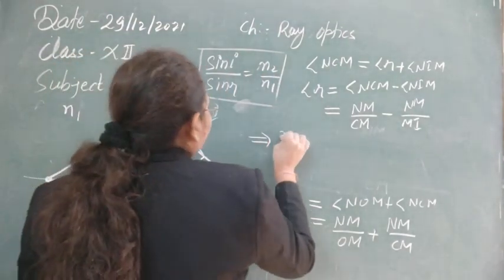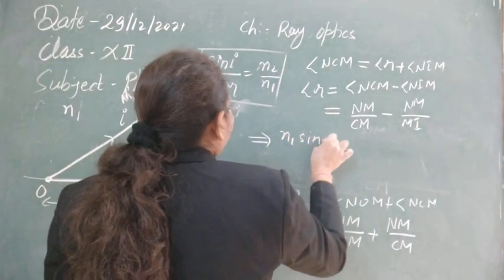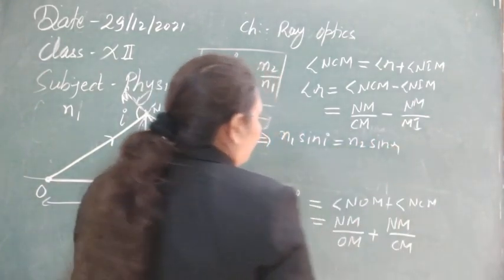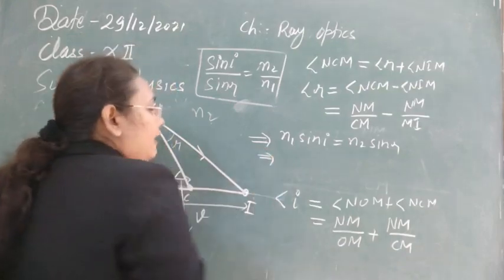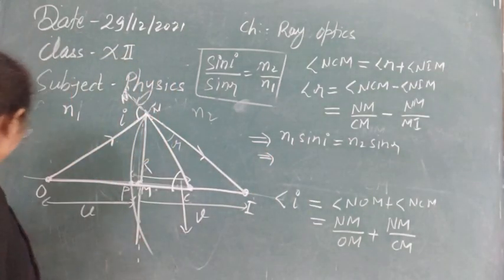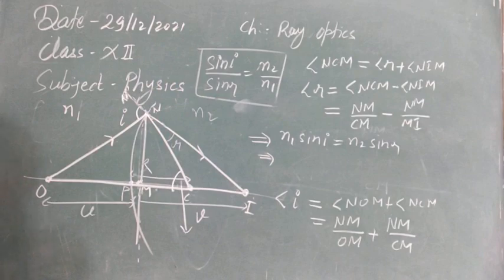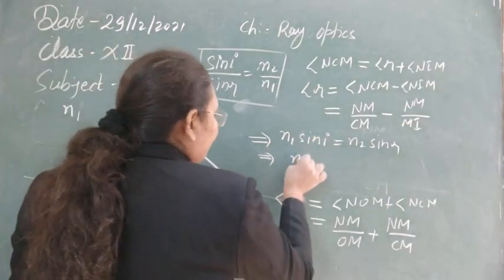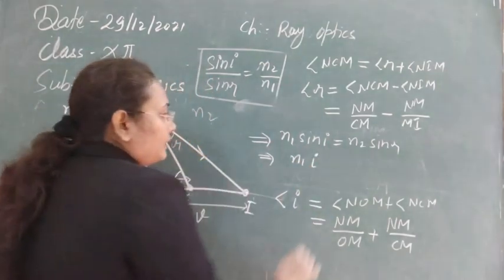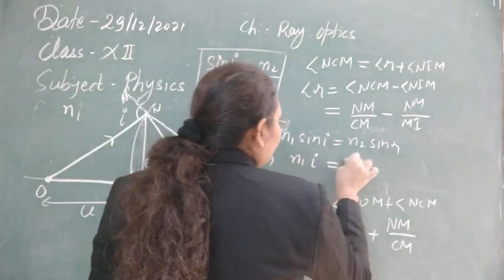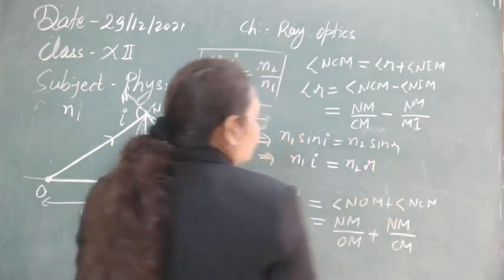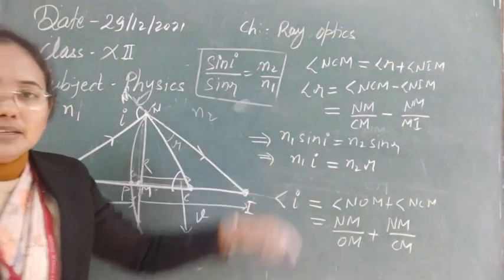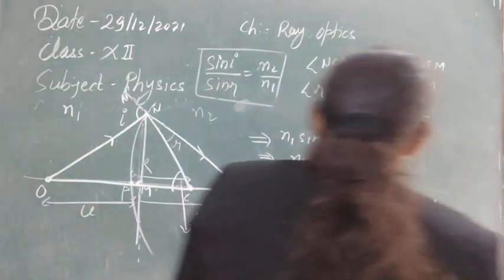So this will be n1 sin I equal to n2 sin R. Now as we have taken the assumption of a small angle, for a small angle we can replace sin I by I. So we can write n1 into I will be equal to n2 into R, since sin R will be equal to R. Now we can use this angle R and angle I. Let's use the values here.